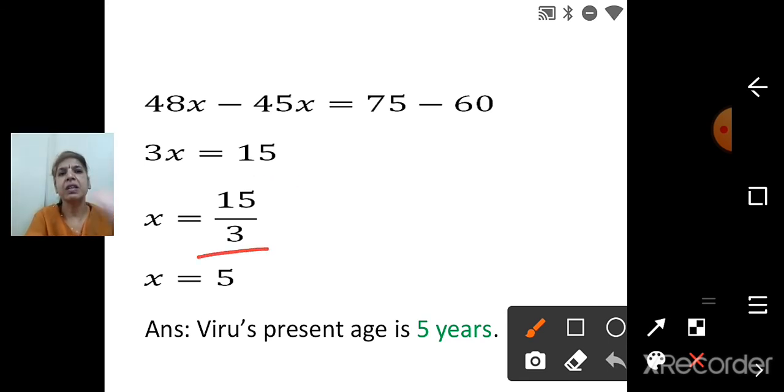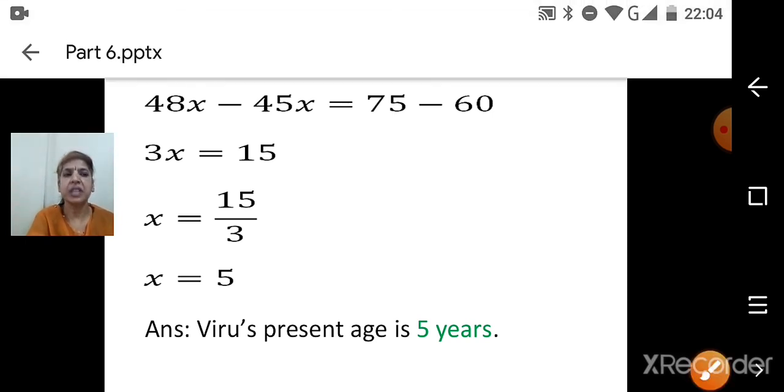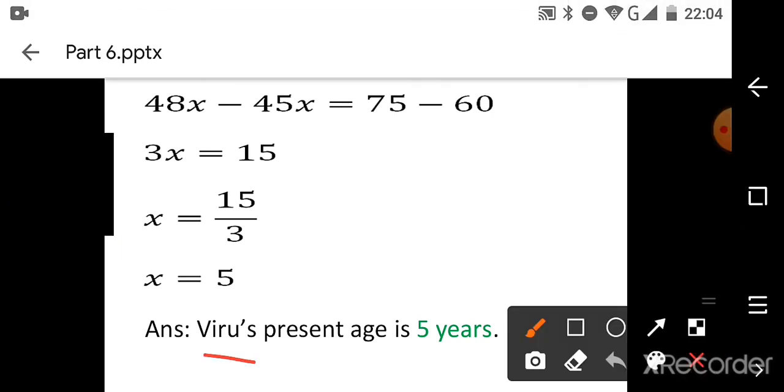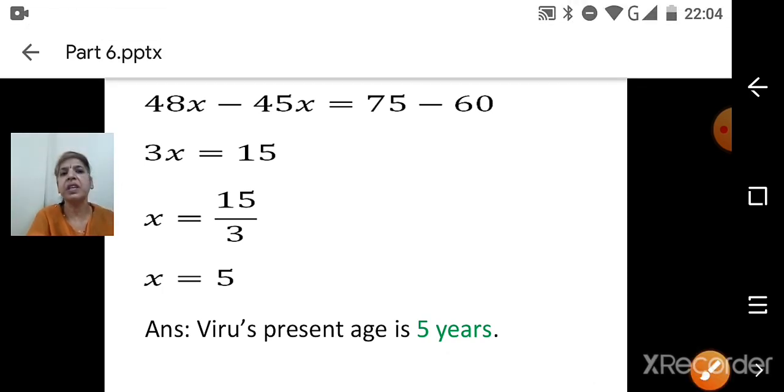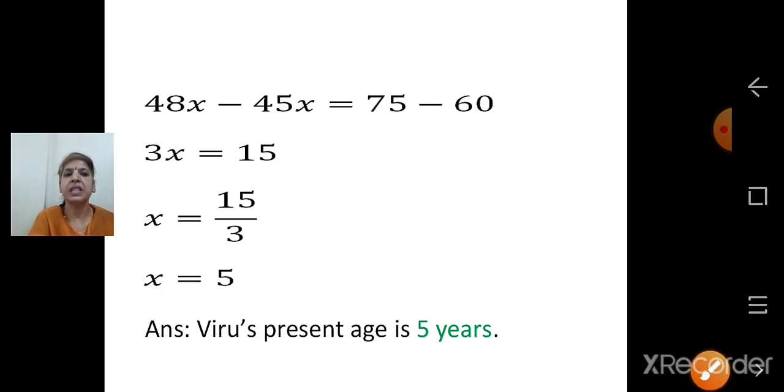Therefore x is equal to 15 upon 3. Now 15 divided by 3 is 5. x is 5, and x we have taken as Viru's age. They have asked only Viru's age, so write: Viru's present age is 5 years.